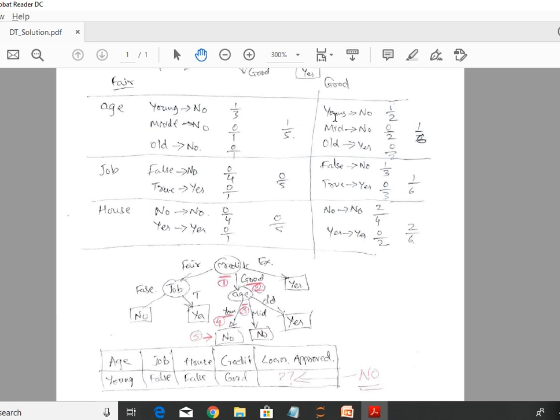For the age, you have the rule young, no. I have done it in one page. Either you can do it like this, or you can follow the book.